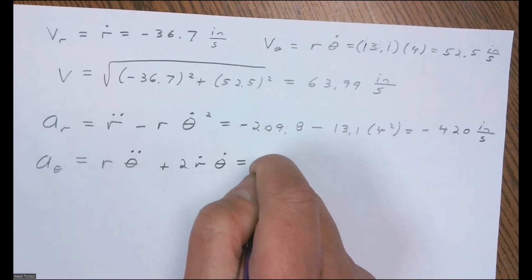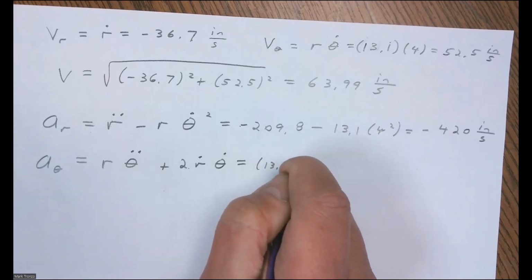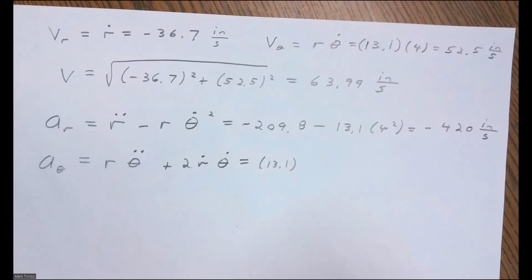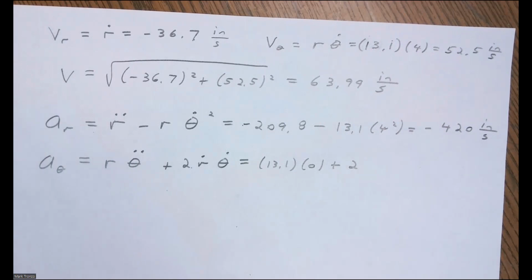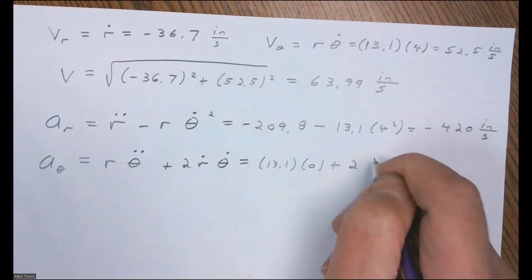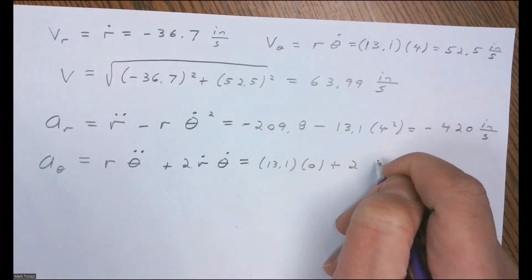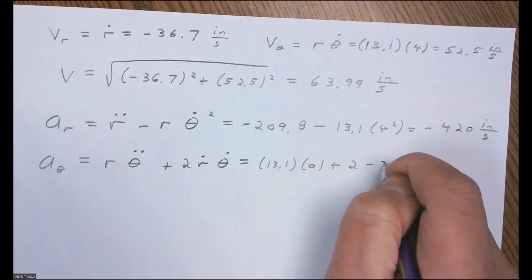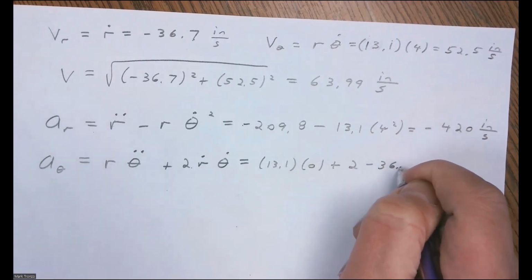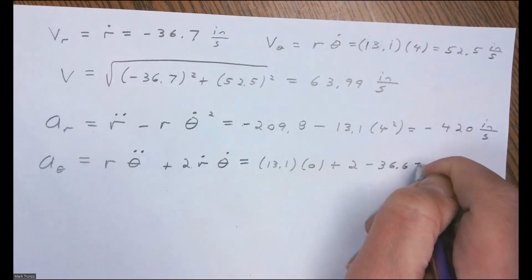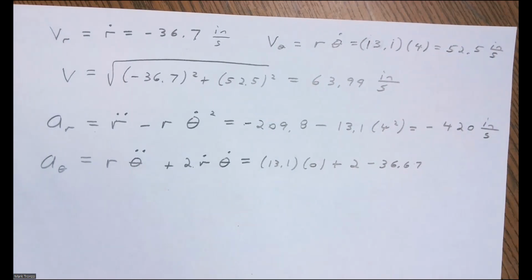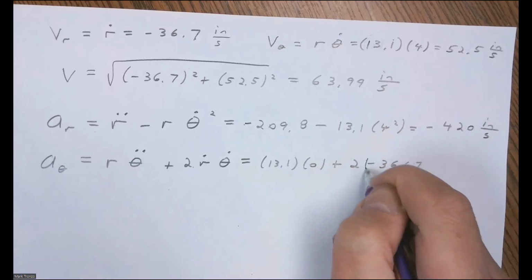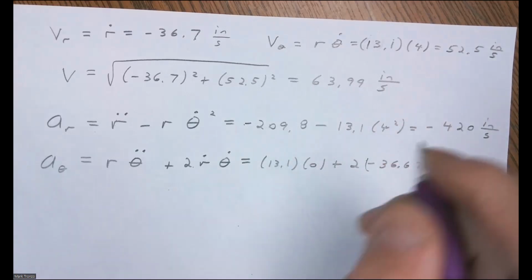And r was at 13.1, but actually theta double dot is 0, so that's going to go away, plus 2 times r dot, which was minus 36.7, times theta dot, which was 4.